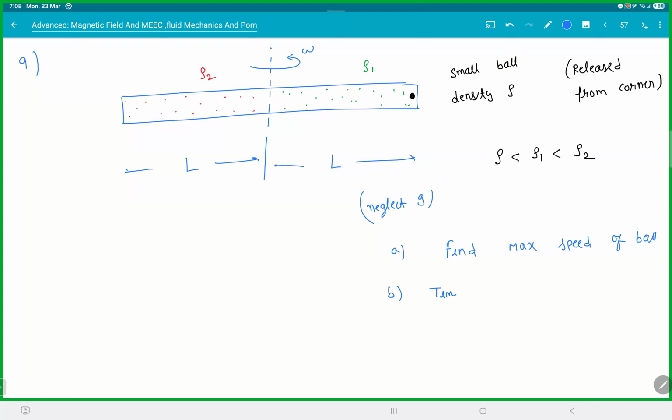Time taken to come back to the initial position. It again comes back. Max distance in rho 2 liquid. So if you're leaving from this corner, will it go to the other corner? Yeah, let's get this.